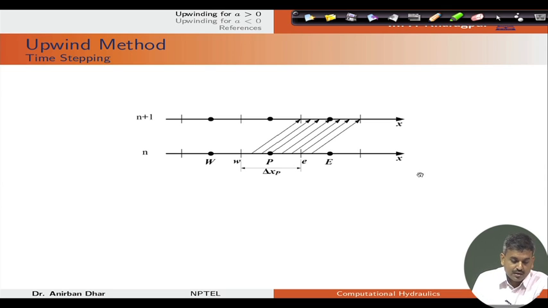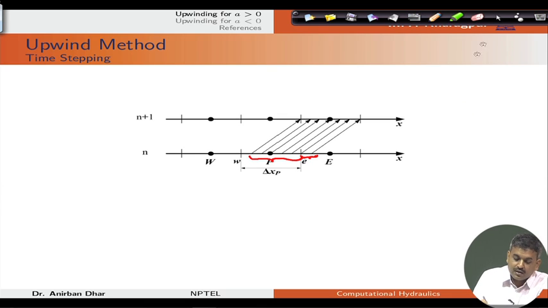In upwind, time stepping is important. In this case, information is travelling from P cell to E cell.